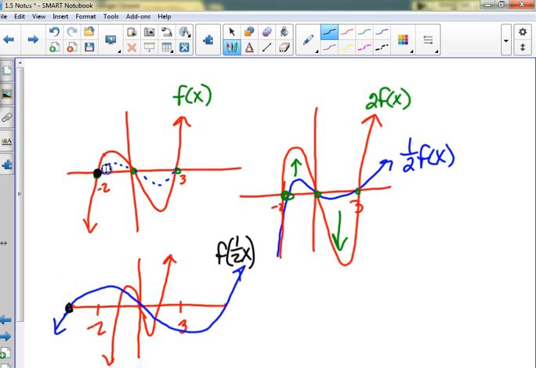And it's still going the same height, okay? But if it used to cross at 3, now it's at 6. Twice as stretched away from the y-axis. And this would be f of 2 inside here, because that shrinks it half the size in towards the y-axis. Yes? Opposite of that.